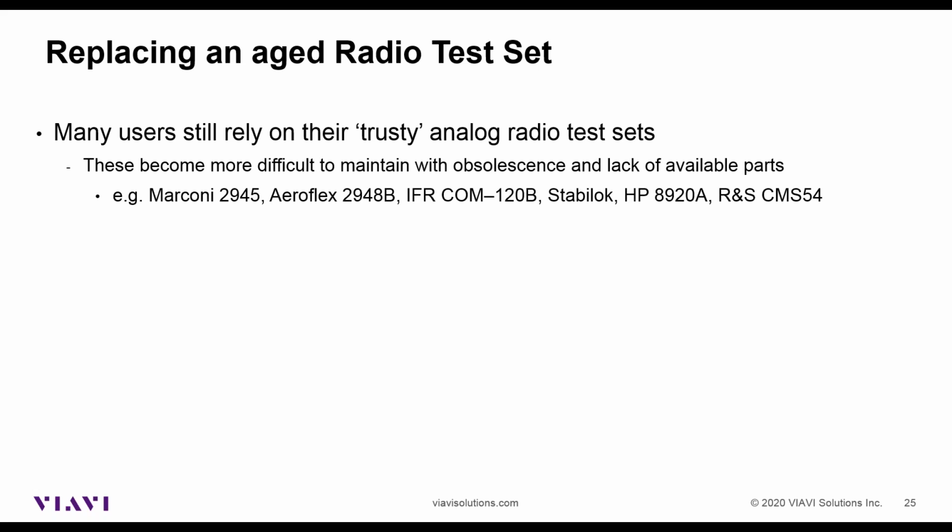Obviously, the more modern ones, we have things like the 2948B, also IFR being part of our family with the COM 120B, the Wiltec Stabilox, 4032s, 4016s, those types of products. And then the old HP products and the old Rohde & Schwarz products. Many of these are still working, still being used, but they're getting harder to maintain, harder to service and support.